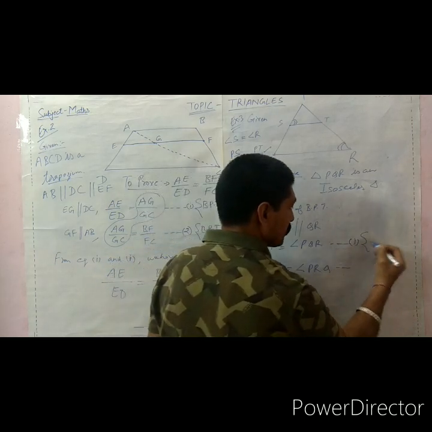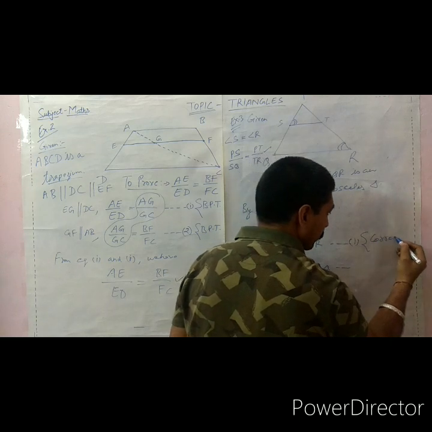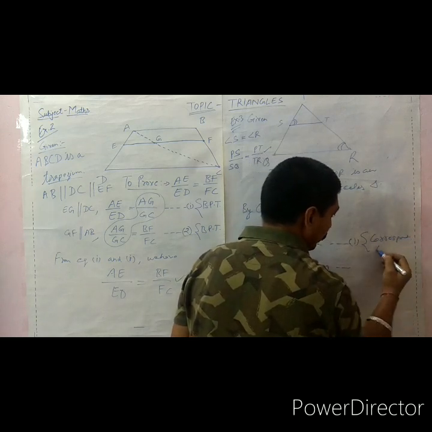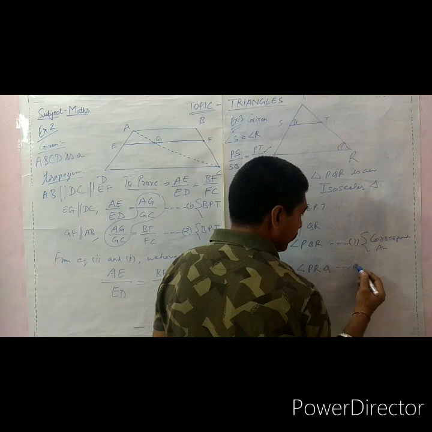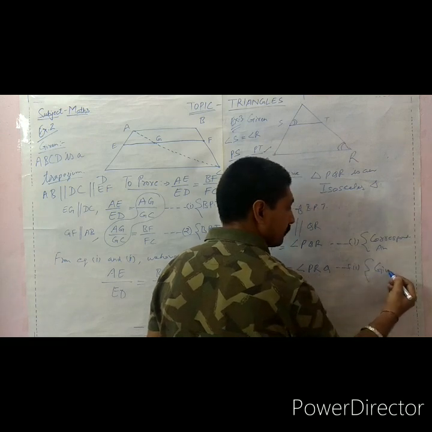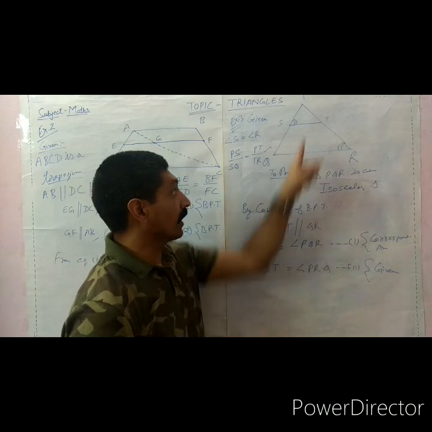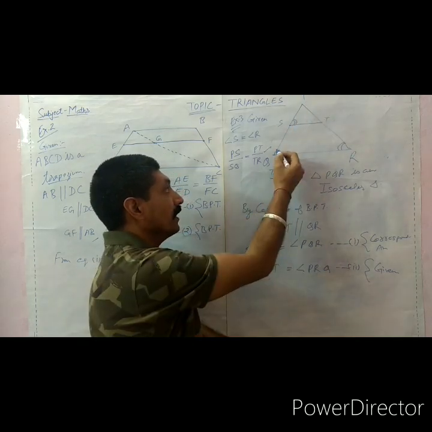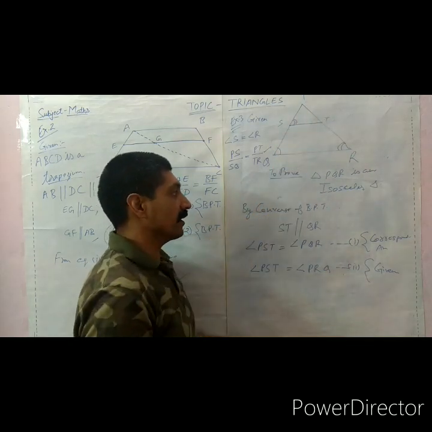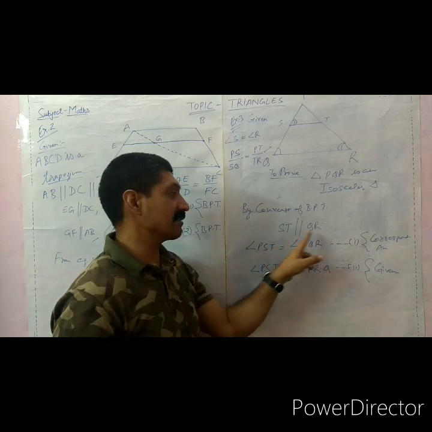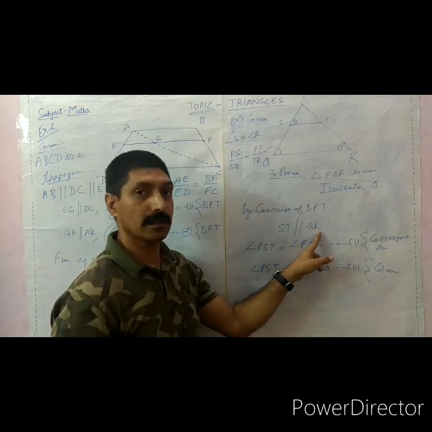Here we will give the logic: corresponding angles. PST and PQR are corresponding angles because we have proved ST is parallel to QR.